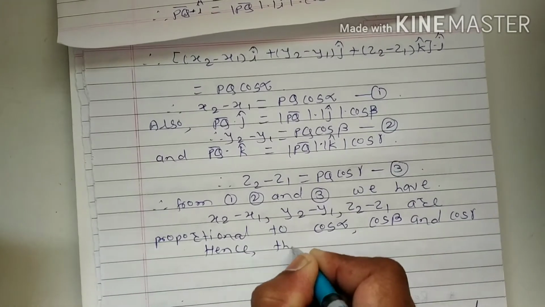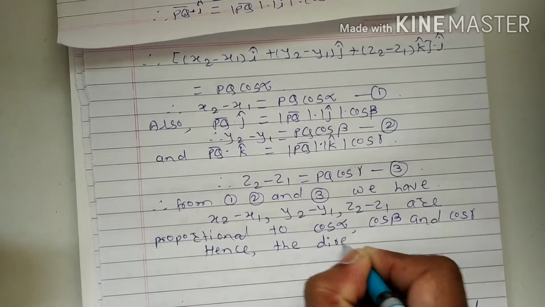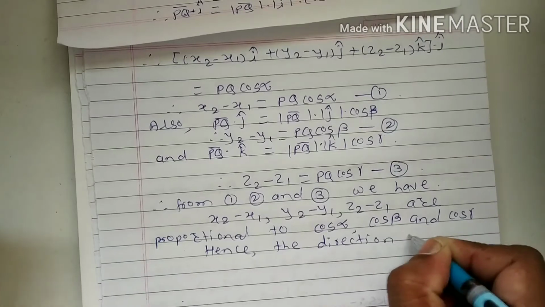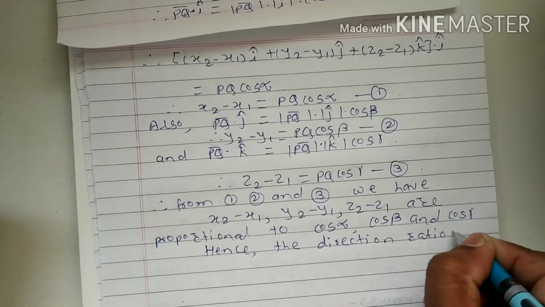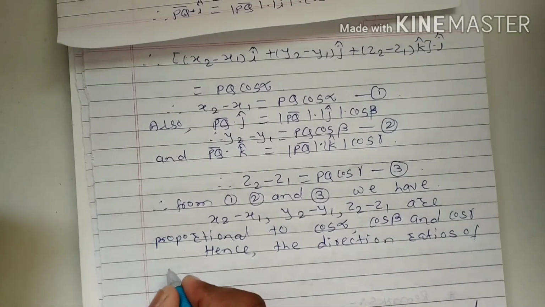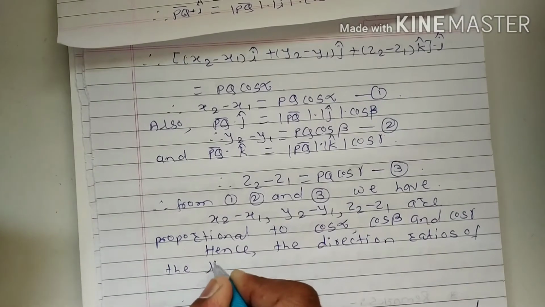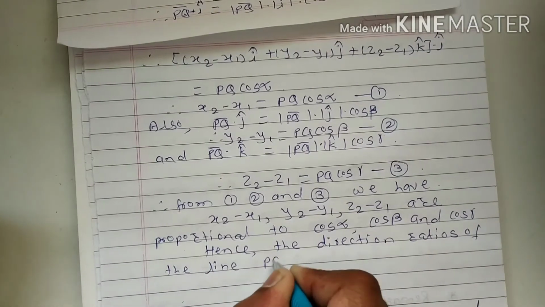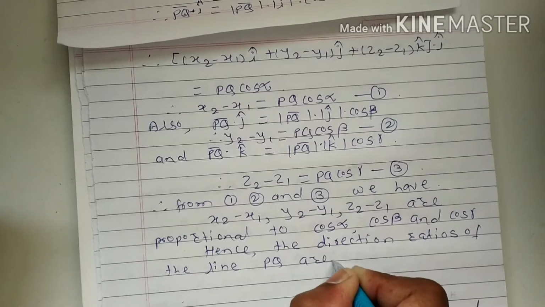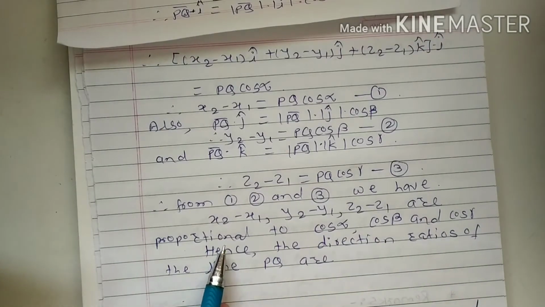Hence, the direction ratios of the line PQ are x2 minus x1, y2 minus y1, z2 minus z1.